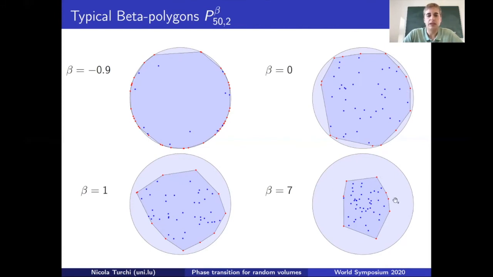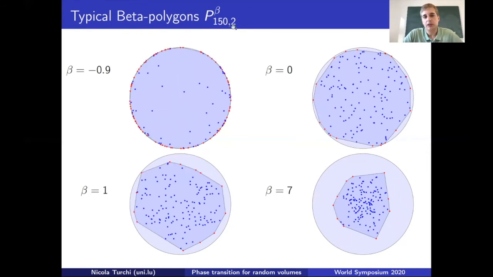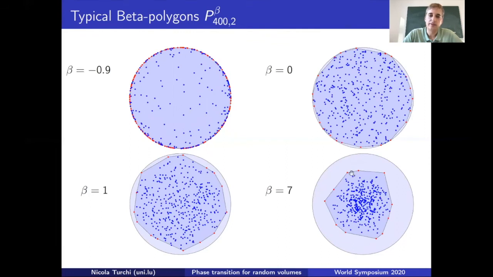When beta is big, and you can see here, for example, I already increased the points to 150, you have a lot of difficulty filling all the gaps of the sphere. You can see already with beta equals 7 and 400 points, still a lot of the volume of the ball is uncovered. So this is just natural, that this is reflected in the threshold of our number of points needed to cover the whole volume.